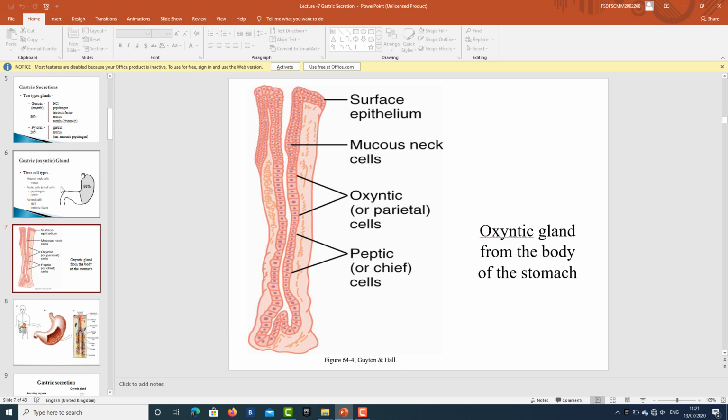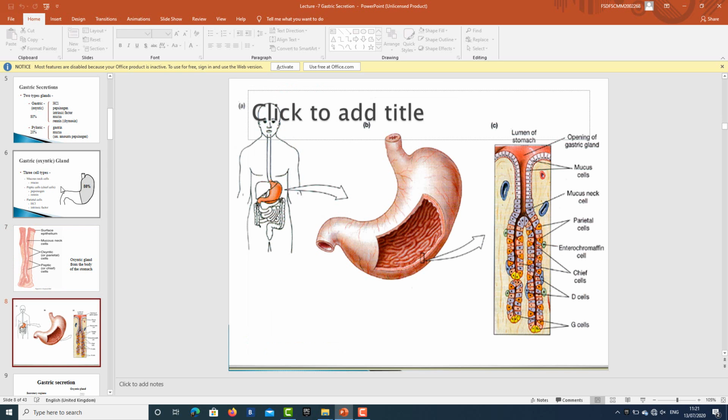Now the oxyntic gland from the body of the stomach. See, there is surface epithelium, the mucous neck cells, the oxyntic cells, and the peptic or chief cells. See, 80% of the area has such types of glands, oxyntic glands or gastric glands.